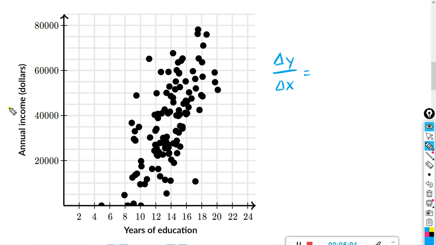We can see the y-axis here is the income, so the slope is actually change in income, and the x-axis is years in education. So it's change in income divided by change in education.